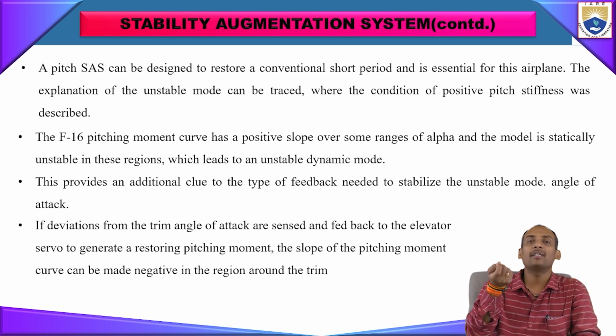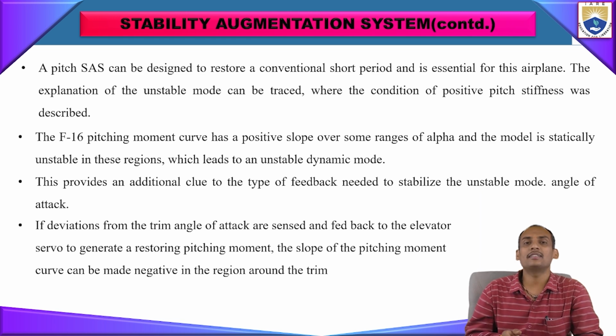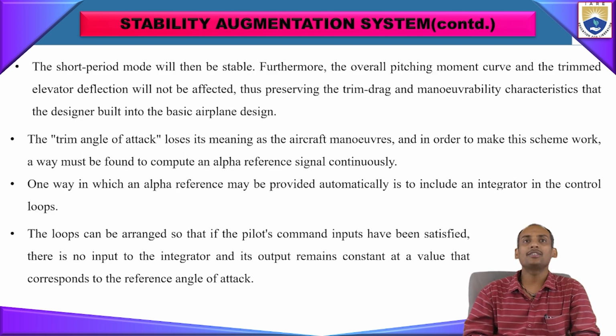If the pitching moment is restored, then the slope of the pitching moment curve can be made negative, and it will be in the region around that trimming condition only. The short period mode will then be stable. Furthermore, the overall pitching moment curve will be trimmed in elevator deflection, and it will not be affected.